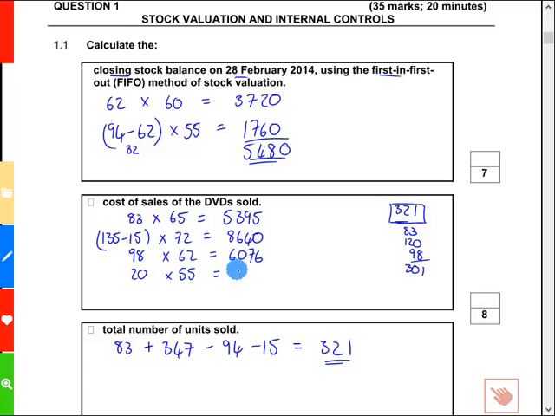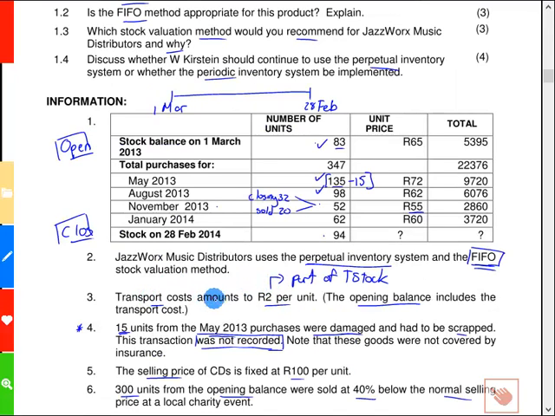20 times 55 gives me 1,100, right? Then there's one little thing that we need to remember, and that is that the transport cost amounts to 2 Rand per unit. So that needs to be part of trading stock and also part of my cost of sales if I'm going to sell any goods.